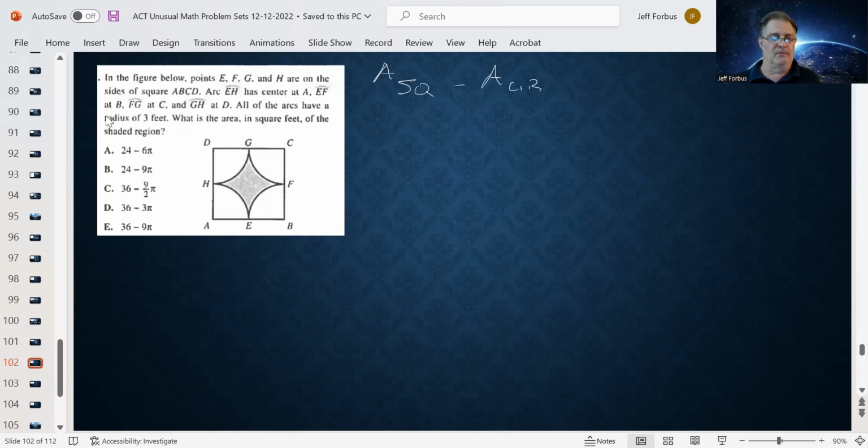What do we know about this? It says in the figure below, points E, F, G, and H are on the sides of the square. All right.